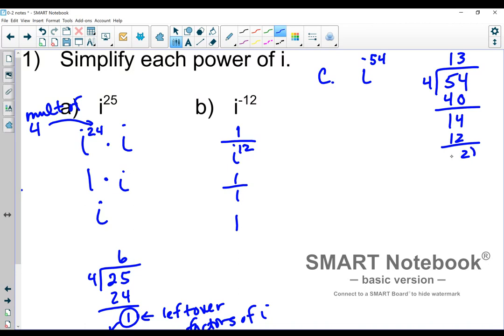So that means that this remainder is going to become my exponent. It's going to become the exponent for i. So then i to the 54th power is the same thing as i squared, and then I should know that i squared is a negative 1. So that division trick is probably going to be the easiest way for most people to do this.